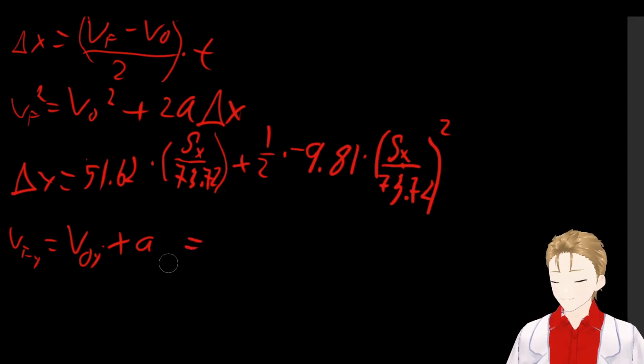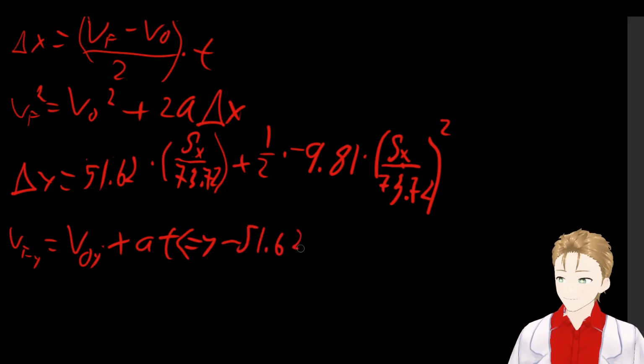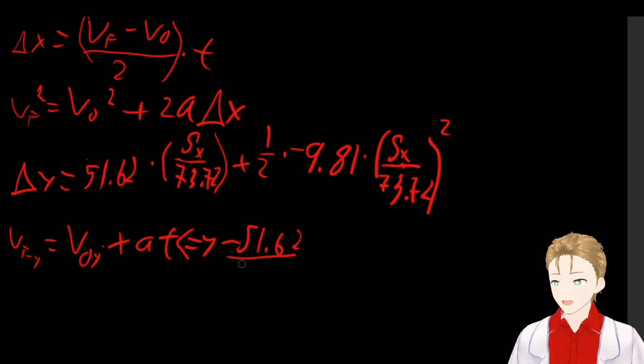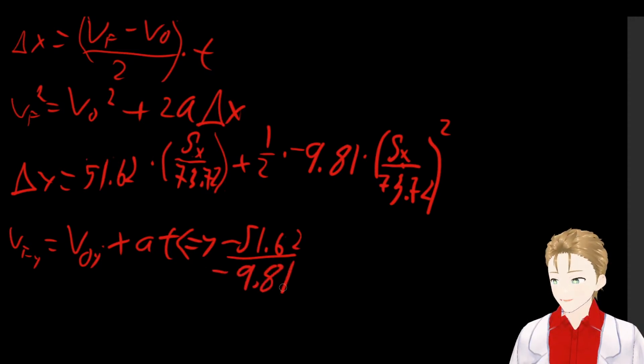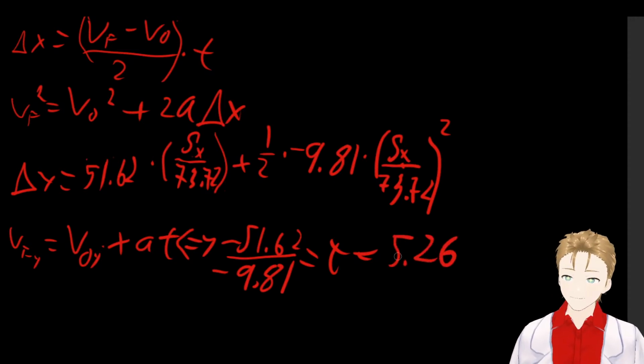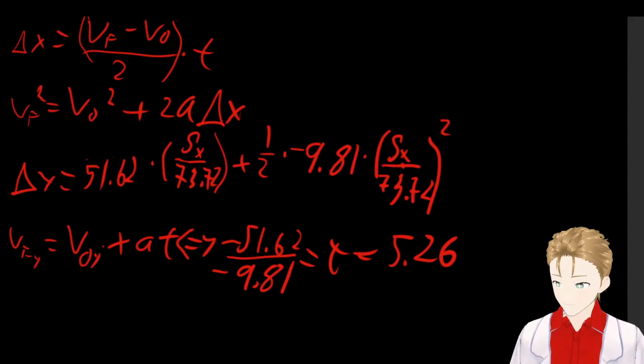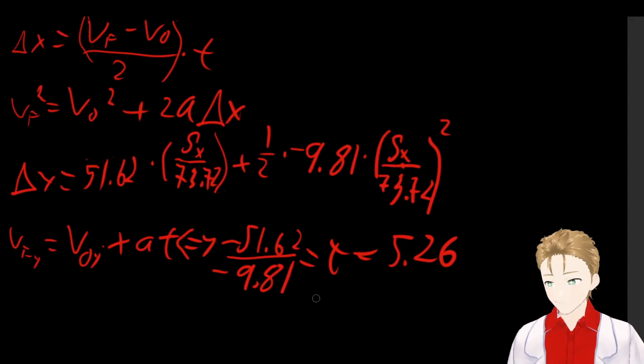Then we can have negative 51.62 all over negative 9.81, which is our time. So this is 5.26. This is a whole trip, by the way, I think. Whole trip around. This is from start to finish.